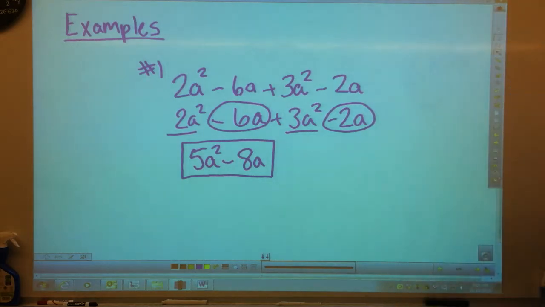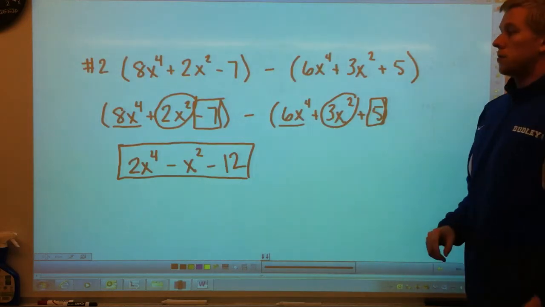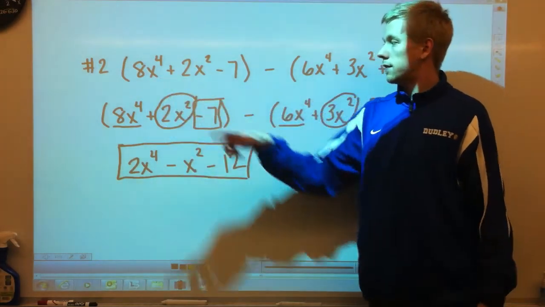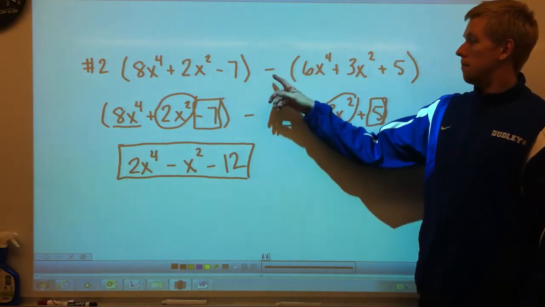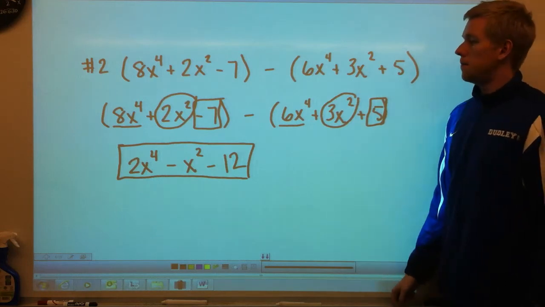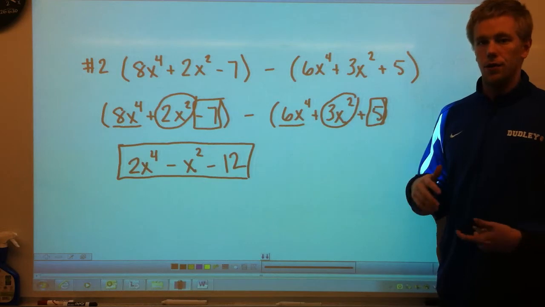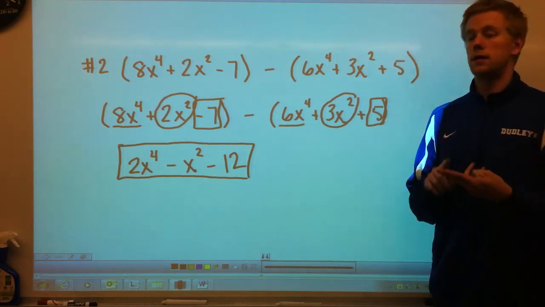We're going to do another one with subtracting. It gets a little bit more complicated when we're subtracting. If I have 8x to the 4th plus 2x squared minus 7, minus 6x to the 4th plus 3x squared plus 5, again, I want to start by underlining or circling or just recognizing what matches up, what has the same base and what has the same exponent.